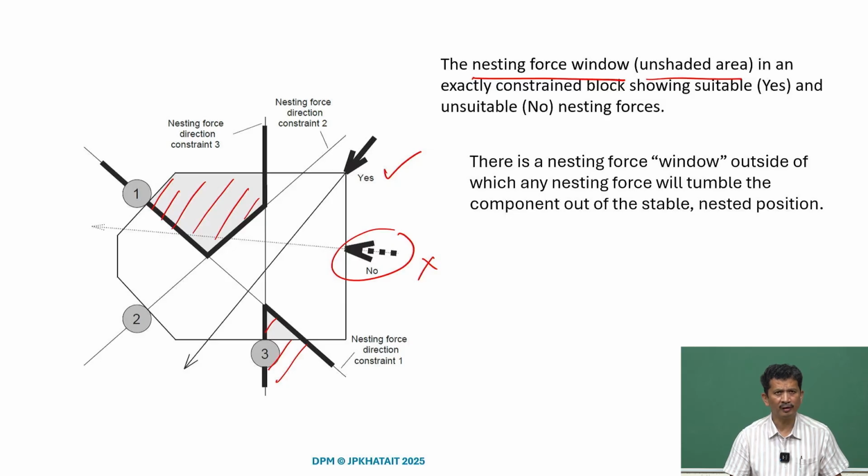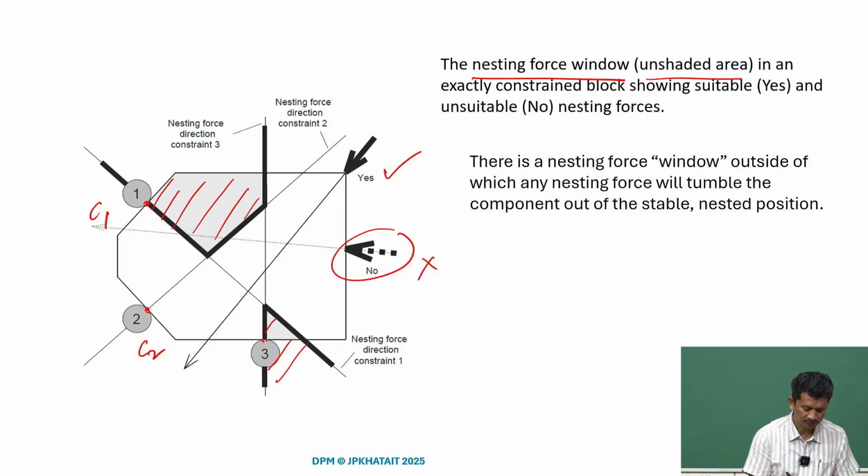So, maybe we will quickly try to see how to find the nesting force window in this case. So, for instance, we have this post 1, so define the contact C1, post 2, and we have the contact C2, and then post 3, contact C3. So, what we can now define is the constraint lines, which is defined along this.